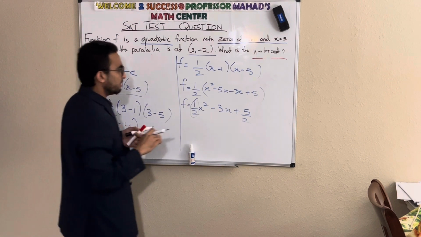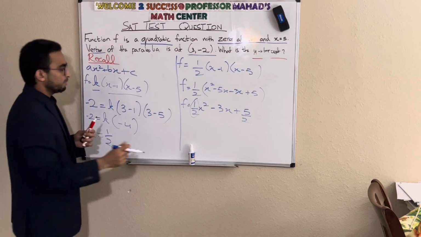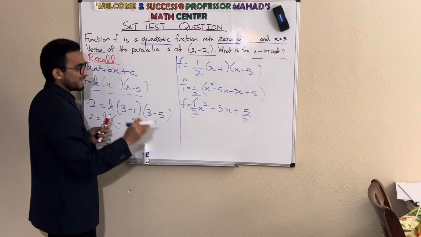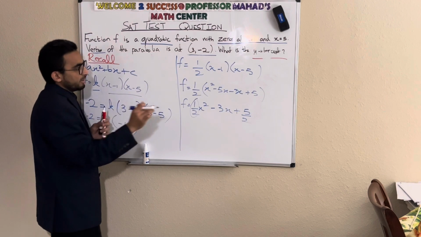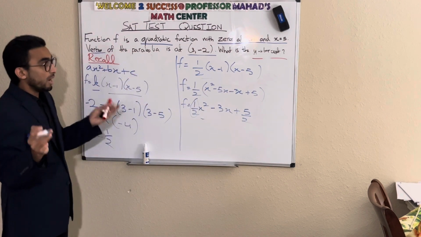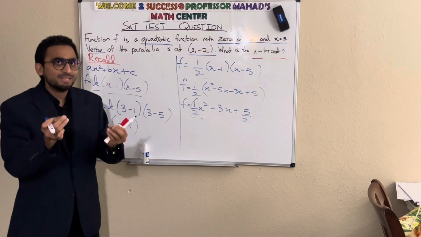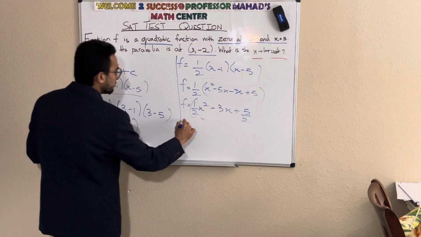What we need to find out is the y-intercept. So you can insert the value of x as 0 in either form, it does not matter. Why? Because at the y-intercept the value of x is 0. Let's say I want to find f of 0.